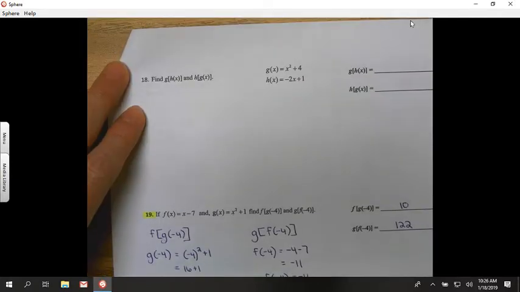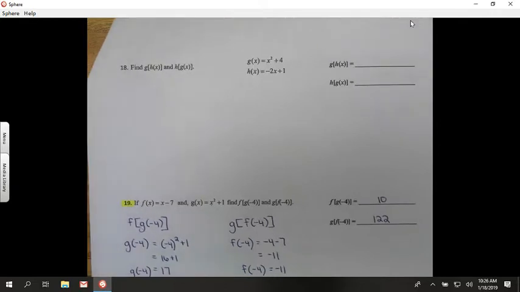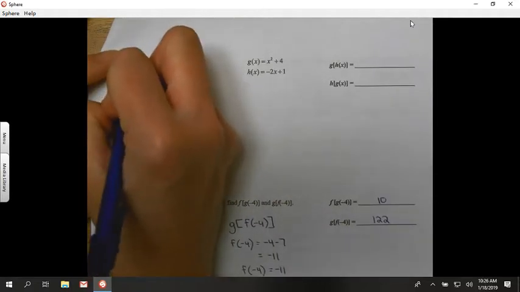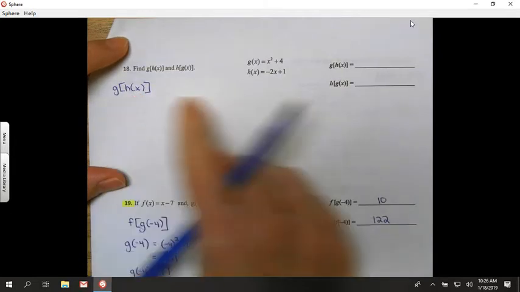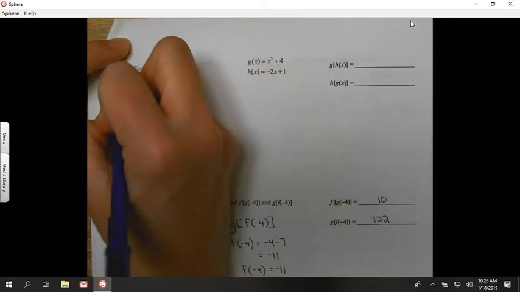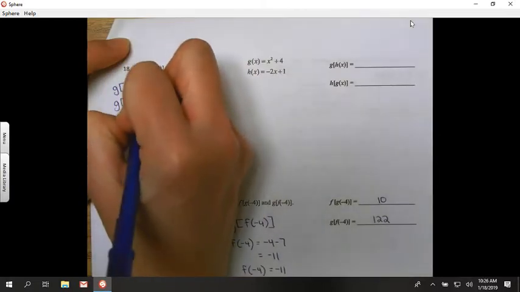All right, 18 is another composite problem, so I'm going to be plugging g into h and h into g. Let's look at g of h of x first. So instead of writing h of x, I'm going to go ahead and actually replace it with what h of x is equal to. So I'm actually saying g of negative 2x plus 1.